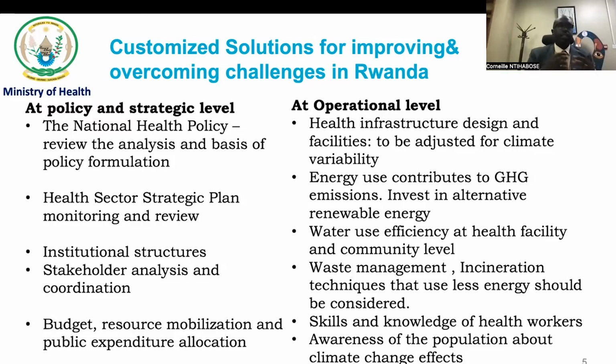We review the analysis, the basis of policy formulation. If we have a strategic plan, we do real monitoring, updated monitoring: what data are available on the ground, and what can we change as interventions. We review every time, with annual review and midterm review, so that we progressively monitor what is being done, what the challenges are, and the impacts of climate change on the health sector.